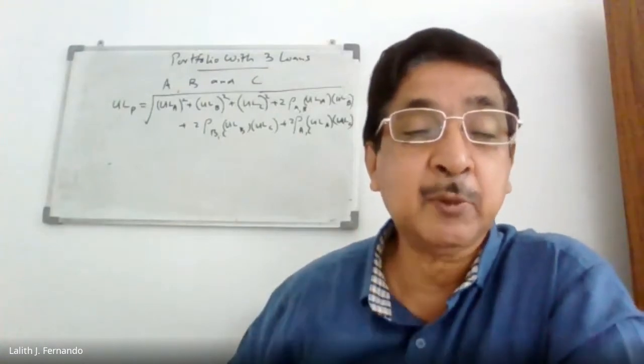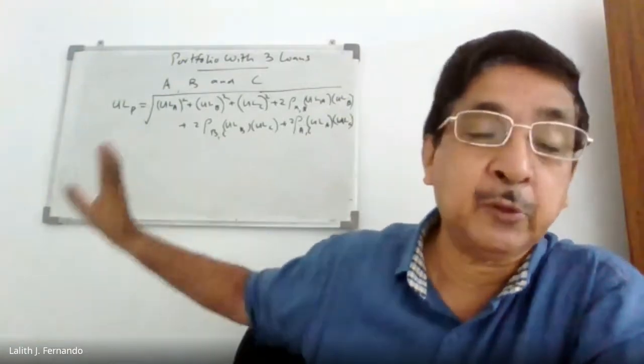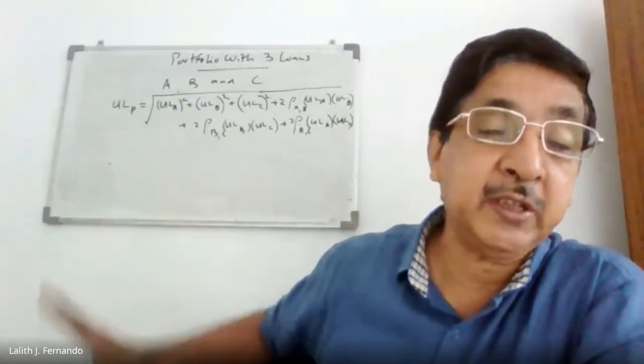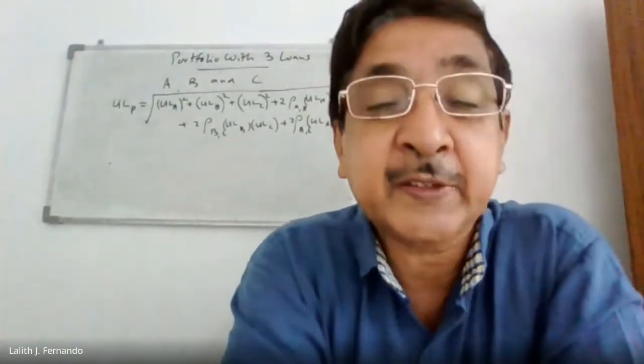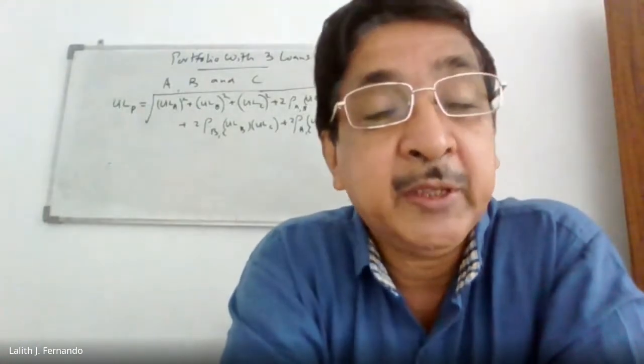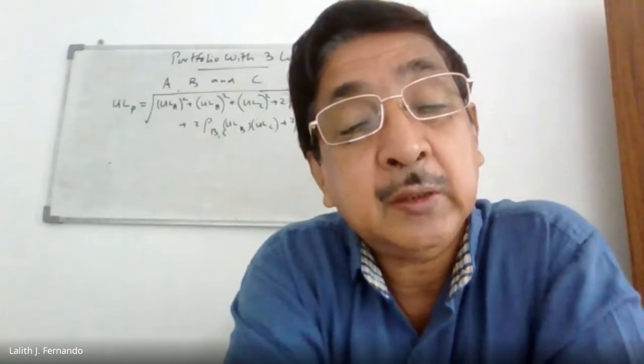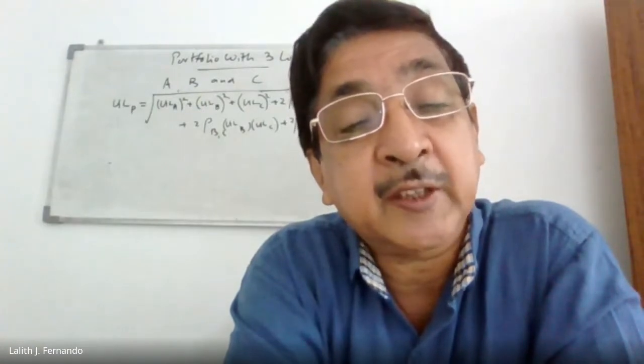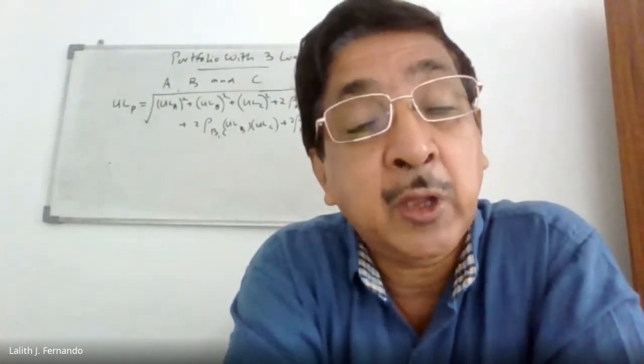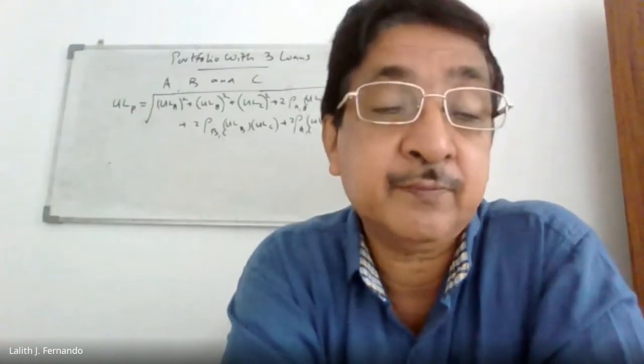I think we have discussed this, even without doing this formulation. Tell me how many correlations can be expected when you have four assets.